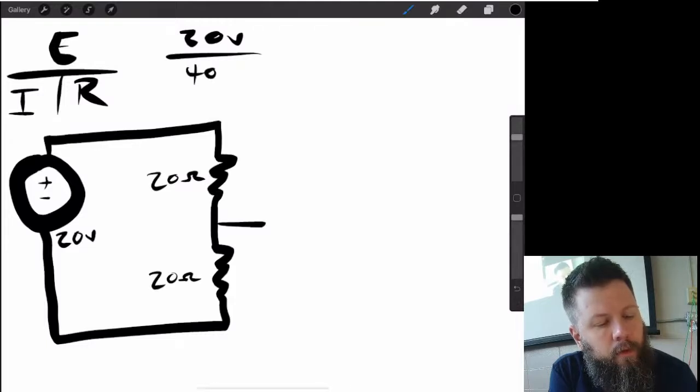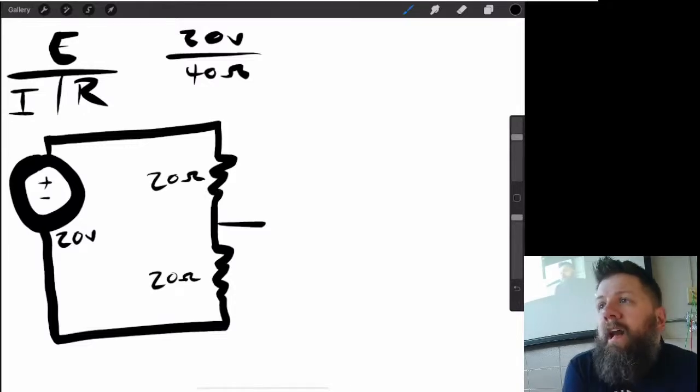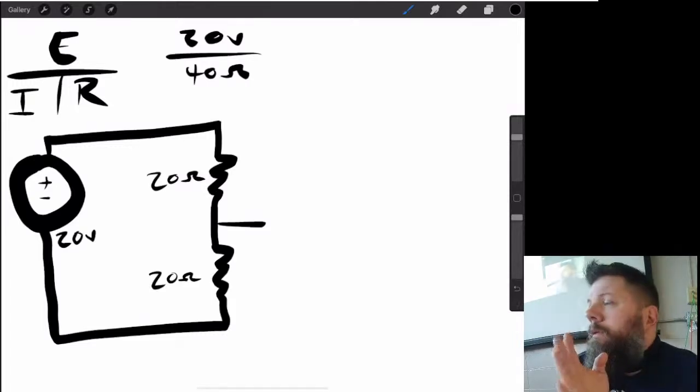40 ohms. Now, a lot of math teachers will say you got to put your units, and they'll count off for units, and they won't ever tell you why. I'm going to count off for units from this point forward. Put a V there for voltage, put an omega there for resistance.